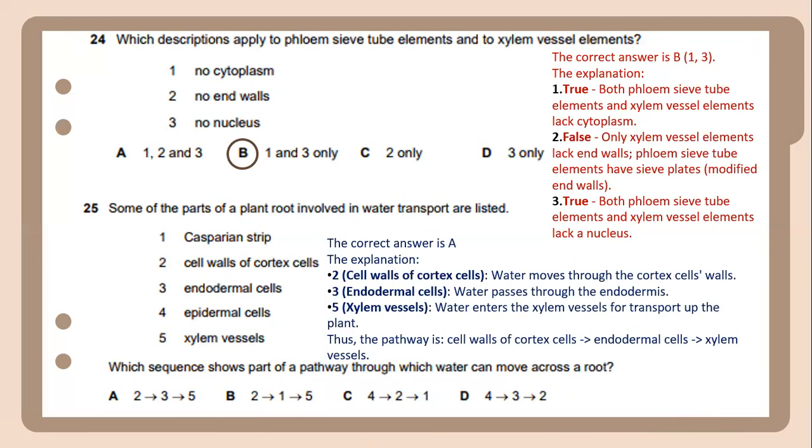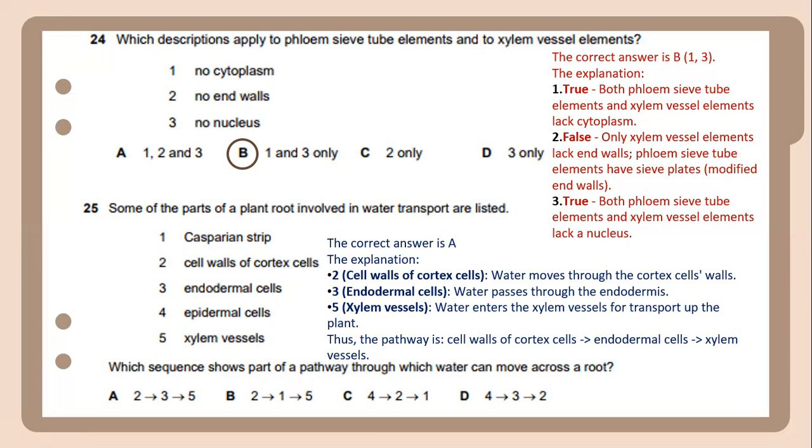Some of the parts of the plant root involved in water transport are listed. The correct answer is Casparian strip. This can be explained: water moves through the cell wall of cortex cells. For the endodermal cells, water passes through the endodermis. And for number 5, xylem vessel, water enters the xylem vessel for transport in the plant.